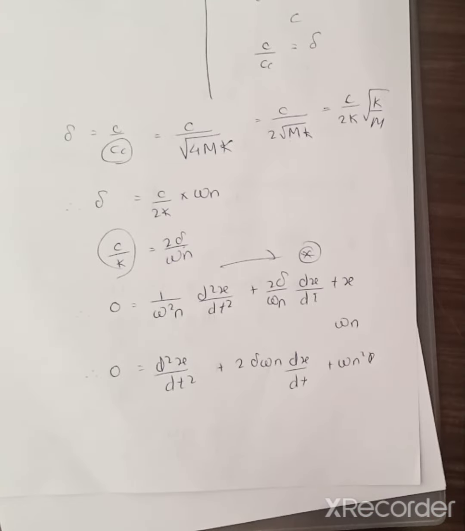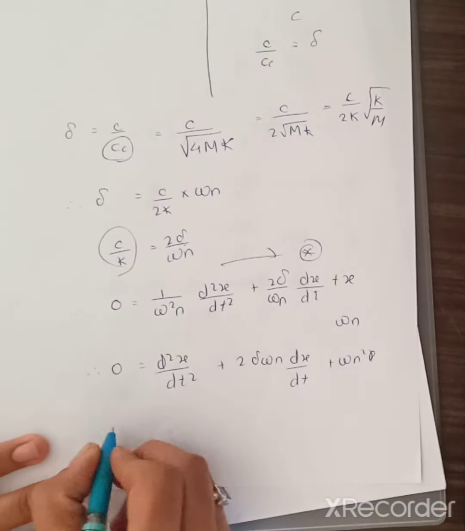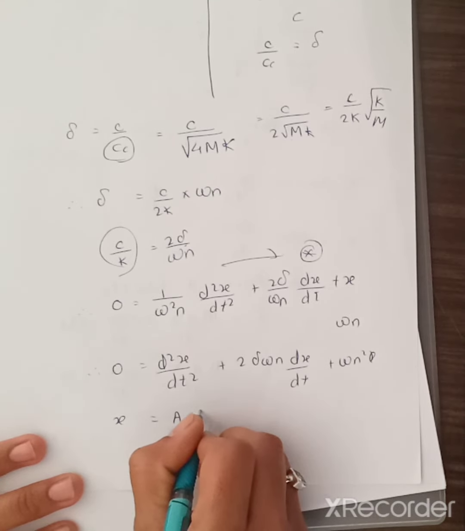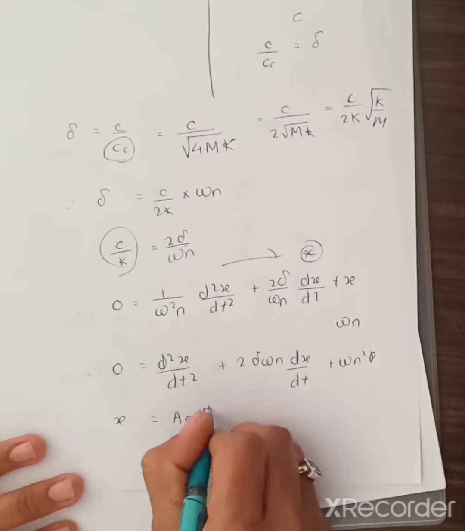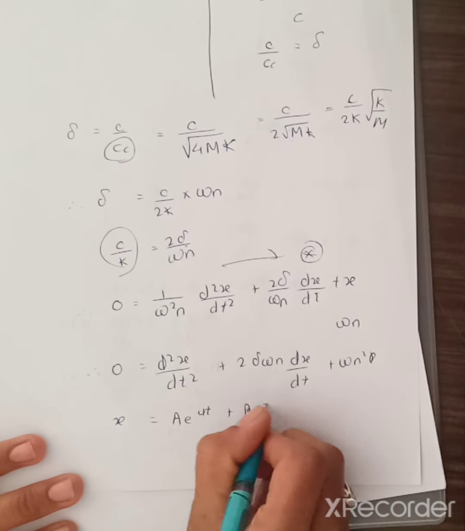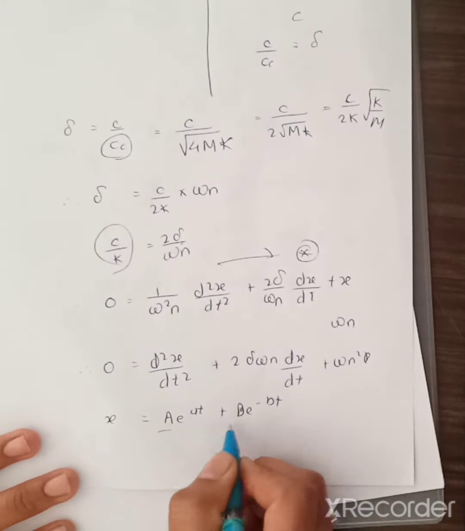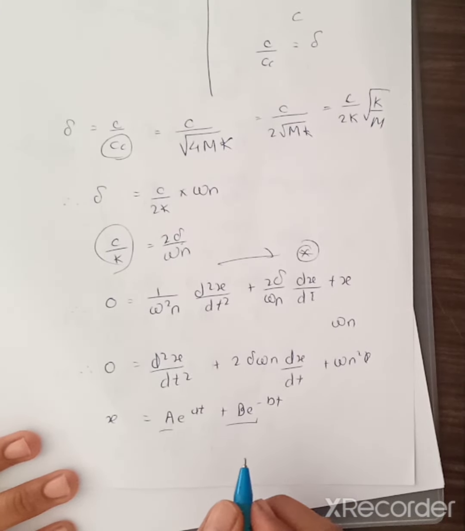We all know the standard equation: x is equal to a e raised to at plus b e raised to minus bt. Here a and b are constants of integration.